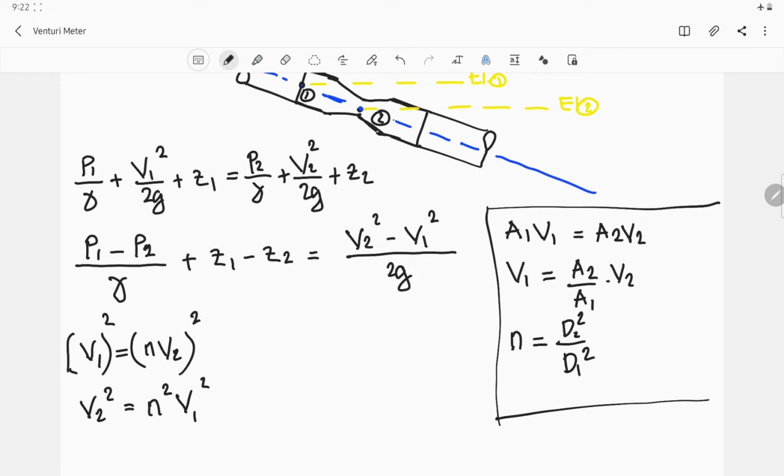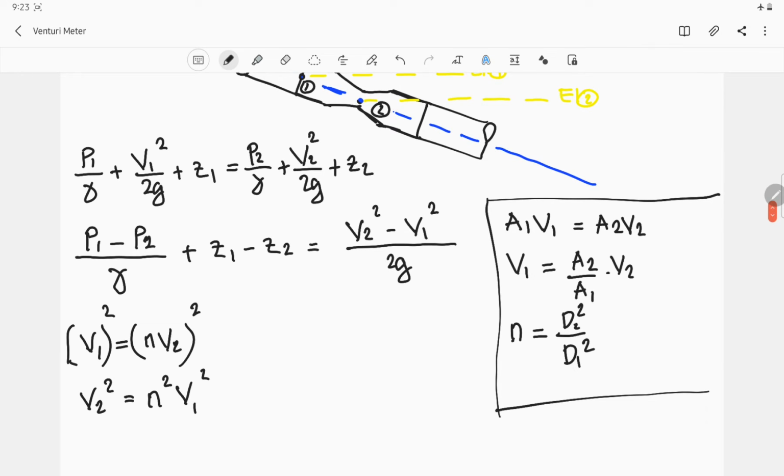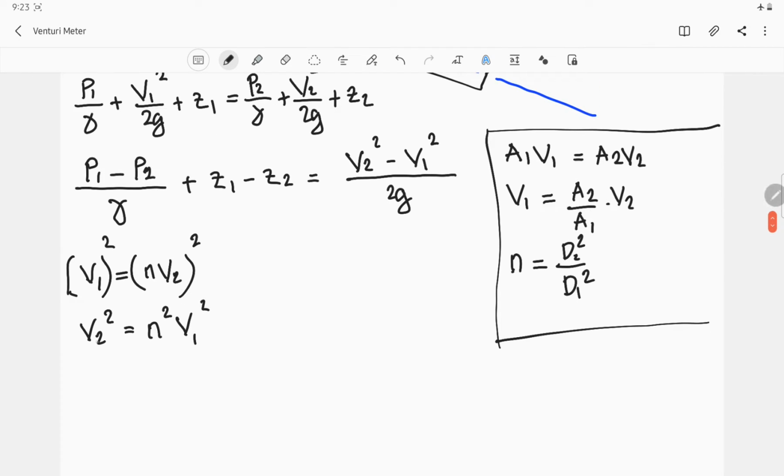The value of N for this one is less than 1, because D2 is smaller than D1, right? So it becomes a decimal, then we square it. On the other hand, if we express V2 in terms of V1, the value of our N is more than 1 because D1 is greater than D2, then squared. So it's more than 1.